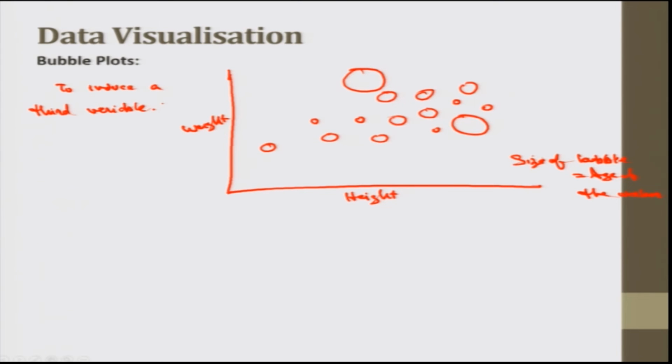However, we can also have 3D plots like surface diagrams. Okay. And there are certain other ways to represent the third variable. Bubble plot is one where in 2 dimensions we can see the field of the data. Next plot is the box plot.